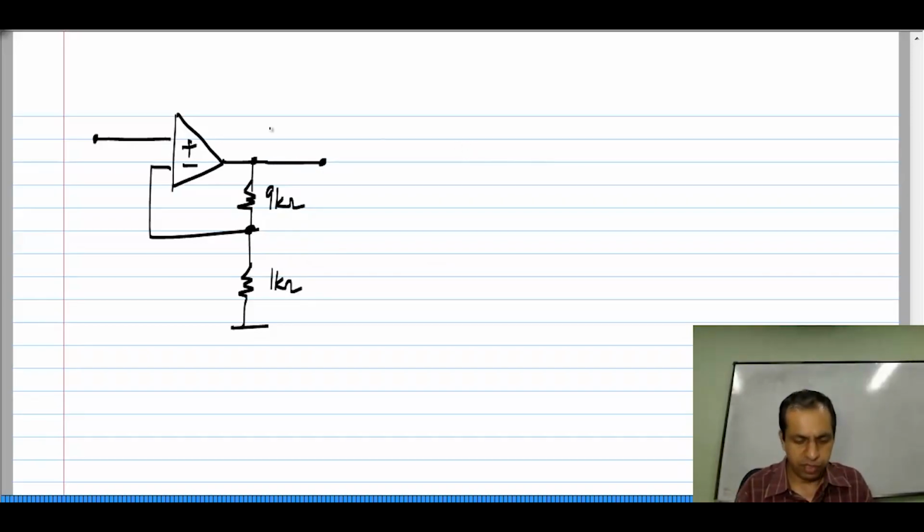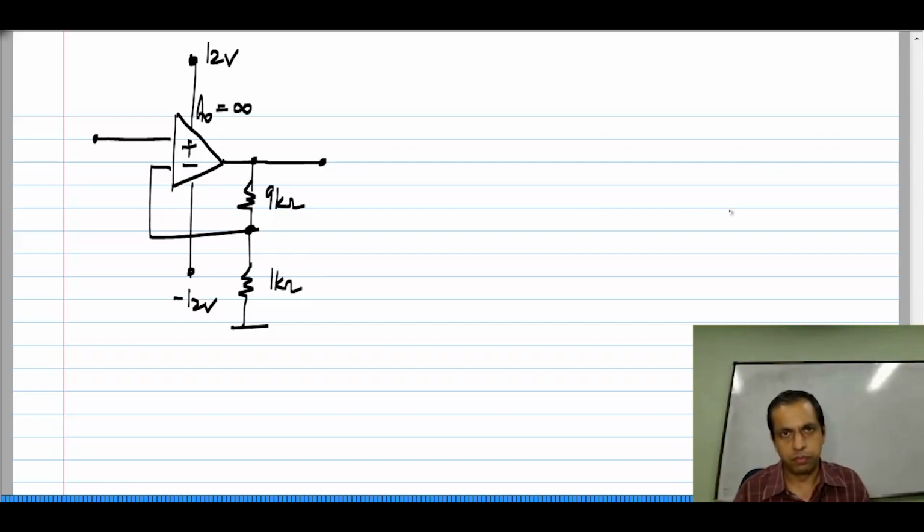This is a non-inverting amplifier, and let us say I assume that the op amp is ideal, that is its gain is very large, tending to infinity. Now, I use supply voltages of 12 volts and minus 12 volts. Okay. So, if I have Vi here, I will have 10 times Vi over there. You can easily calculate that the gain of this amplifier is 10.